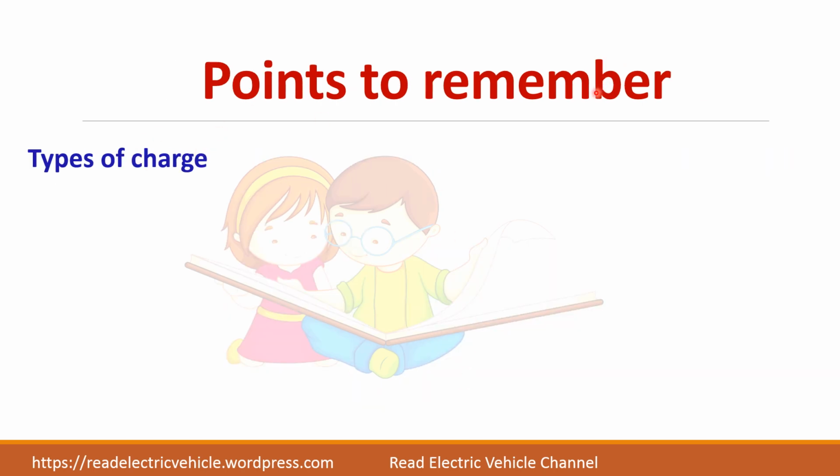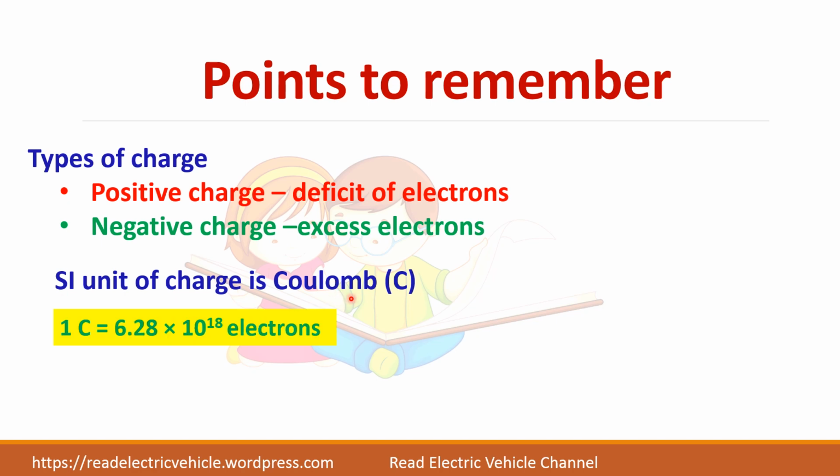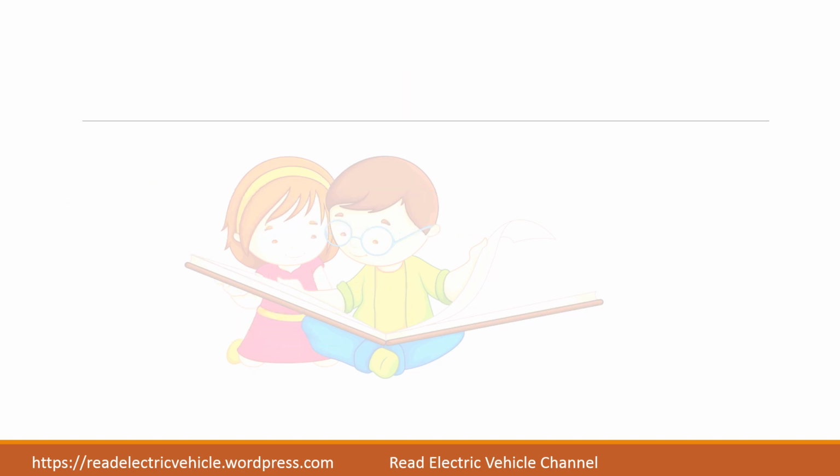So the points to remember here are, there are two types of charges. Positive charge means that there is a deficit of electrons. Negative charge means an excess of electrons. The SI unit of charge is coulomb, and 1 coulomb is equal to 6.28 into 10 power 18 electrons.